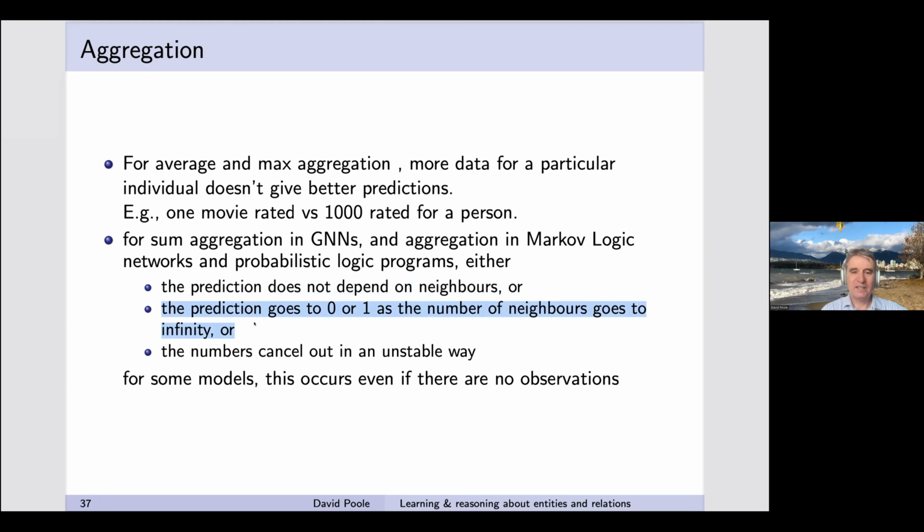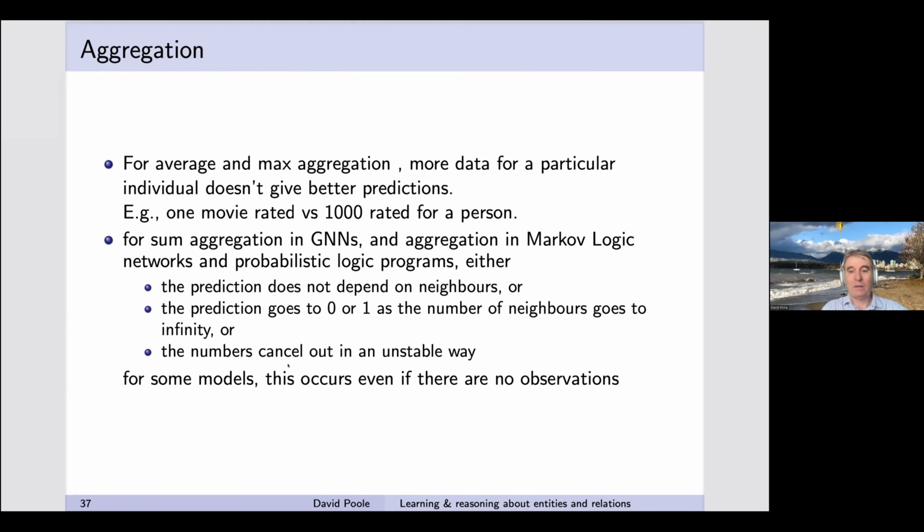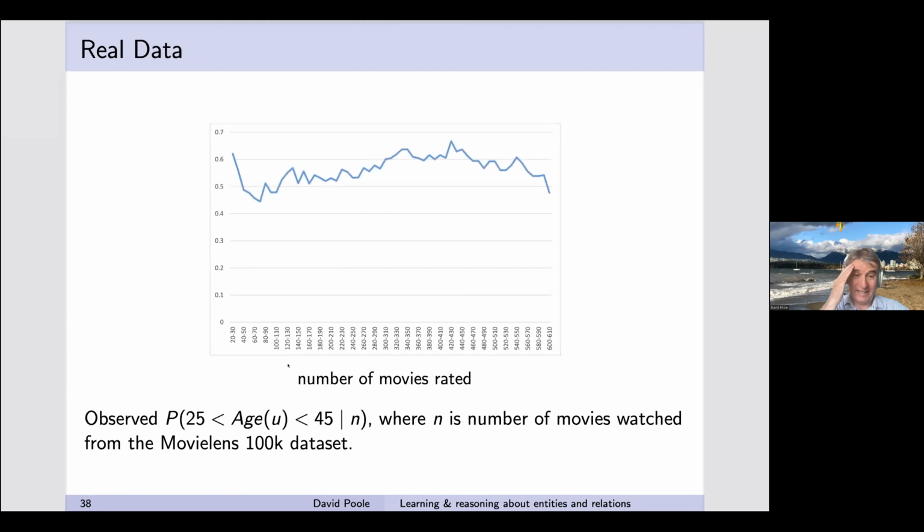One way of testing some of these models: for Markov logic networks, this happens even if you don't make any observations. Even if you have no observations in the world, this happens. You just need the existence of the entities. And as the number of entities goes up, the probabilities all approach 0 or 1. And you could actually say, well, maybe I could see what works in these things.